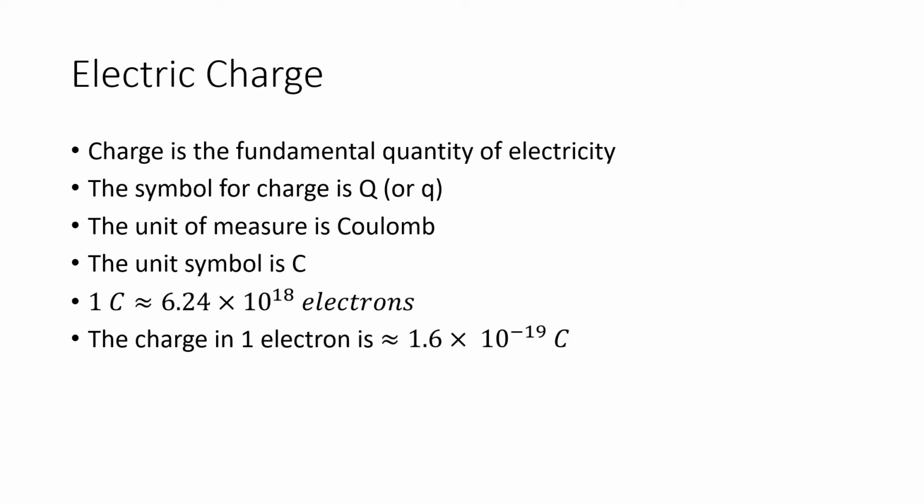Now, appreciate why we have to use the approximately equal to symbol here, because it's impossible for us to have this precise of a number of electrons, 6.24 times 10 to the 18th. So this is an approximation based upon the definition of what a coulomb is.